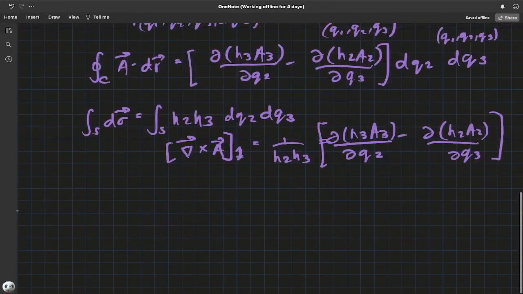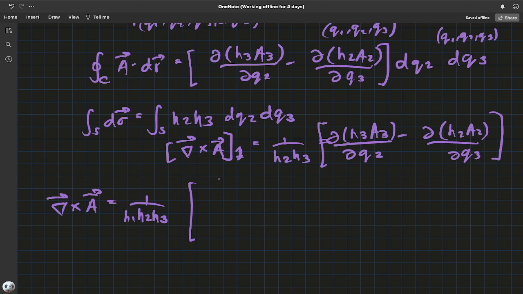You notice a pattern. You notice that the curl of A in your curvilinear system generally is h1 h2 h3 in the denominator, scaling factors.